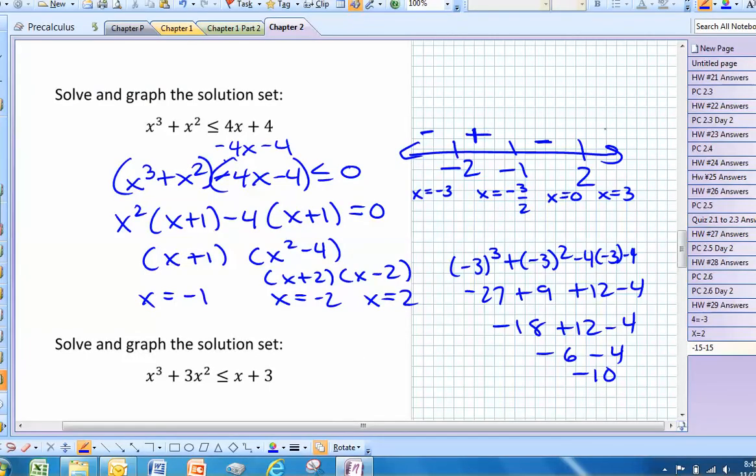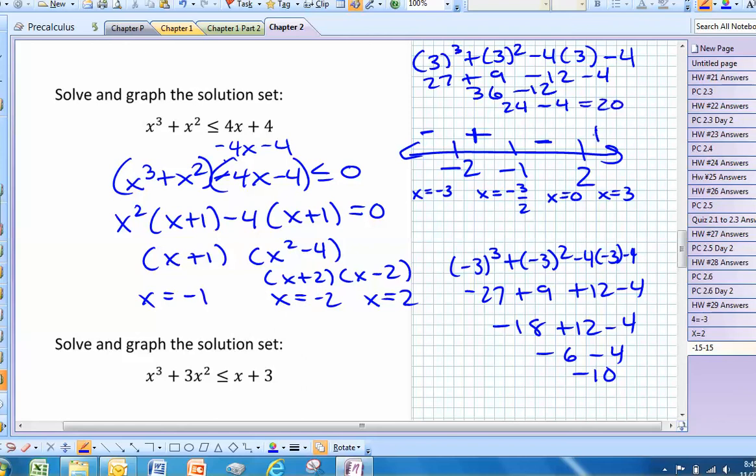And if I put in 3, it will also give me a positive number, because 27 plus 9 minus 12 minus 4 would give me 24 minus 4, which would give me 20, and that's positive.